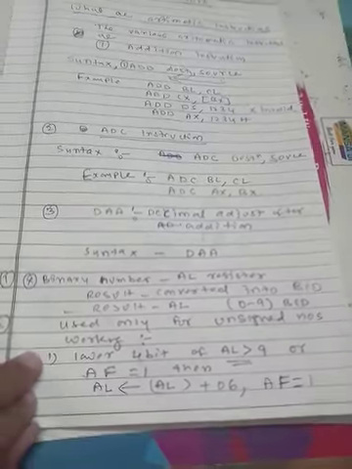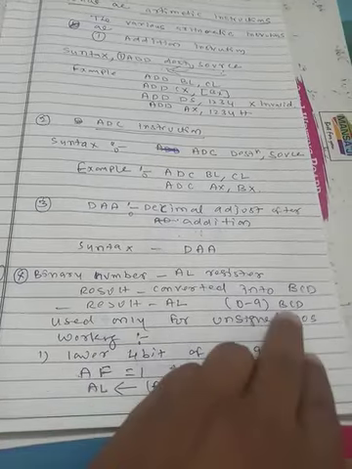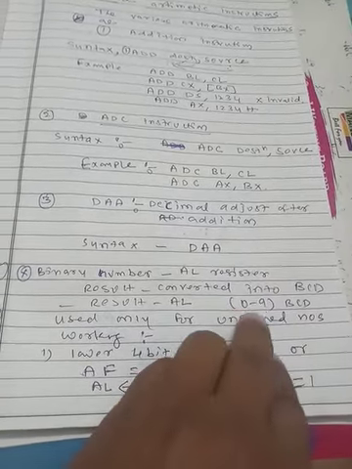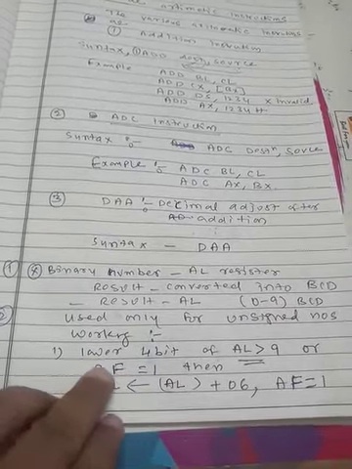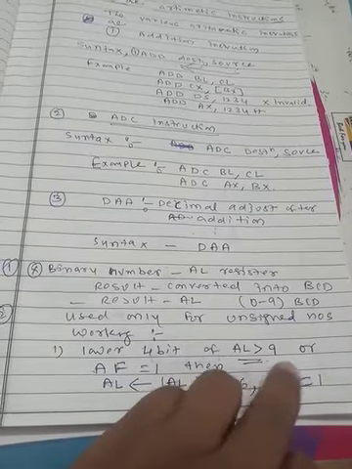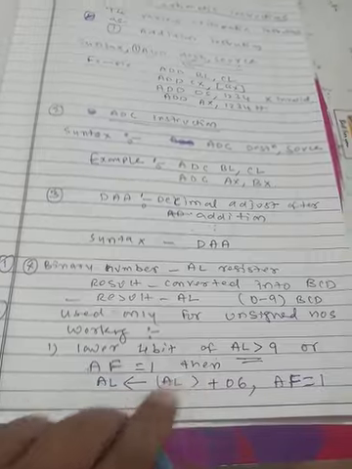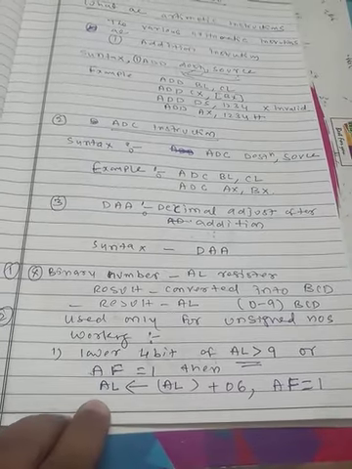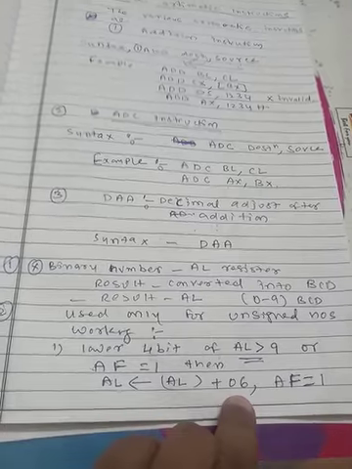The DAA, binary coded decimal. The result we always have to adjust to this 0 to 9. So let us see: if the lower 4 bits of AL are greater than 9 or the auxiliary flag is equal to 1, then the result present in AL has to be added with 06.